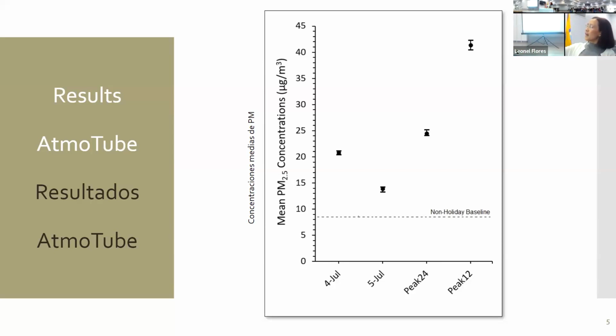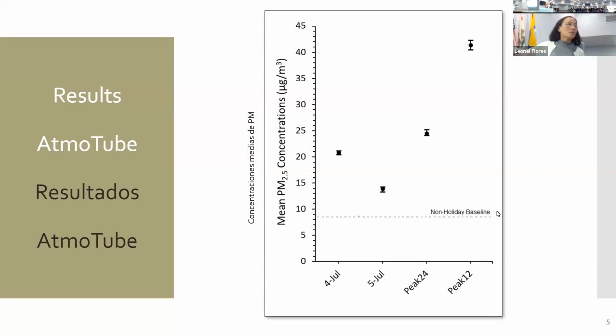Then look at the dotted line there for the non-holiday baseline. That is generally the concentration when we don't have fireworks. The baseline concentration is 8.5 micrograms per cubic meter.